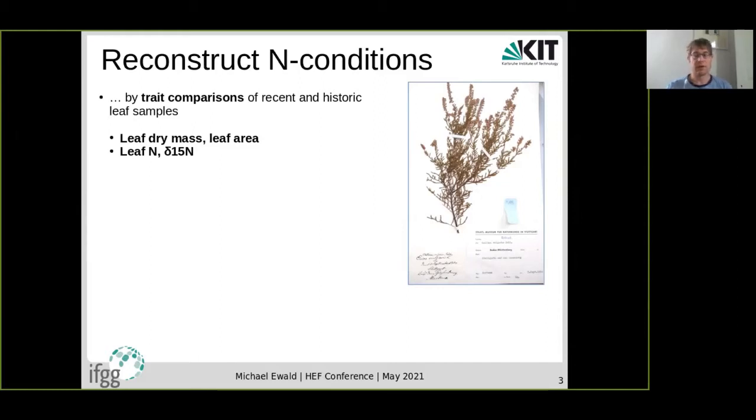So we sampled leaves from herbarium specimens, and we sampled leaves from the same species in the fields, and we measured the leaf dry mass, the leaf area, the leaf nitrogen content, and also the delta 15N value of these leaves. And for all of these traits, we expect a positive relationship between the leaf trait and the nitrogen availability at the site.